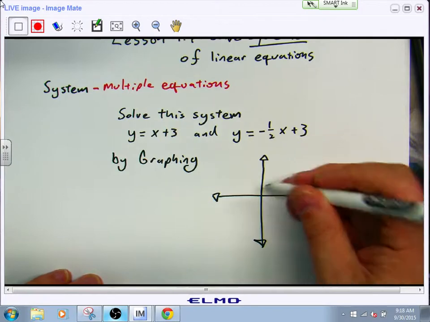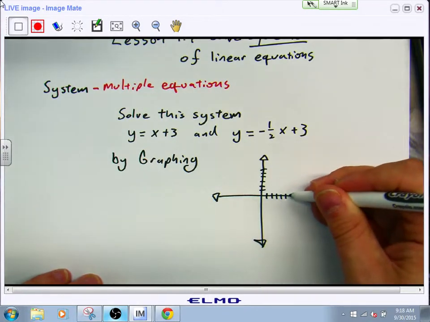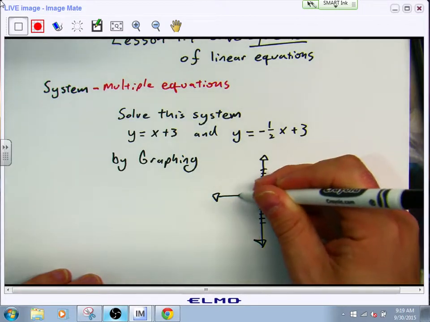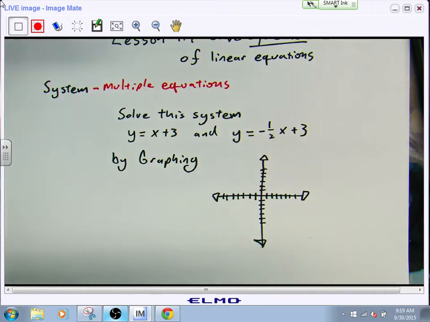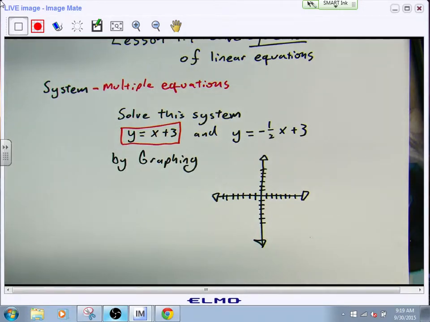So here's this. I'll go ahead and do my little hash marks. And I'll do each equation in a different color. This first one I will do in red. And this second one, let's say purple.